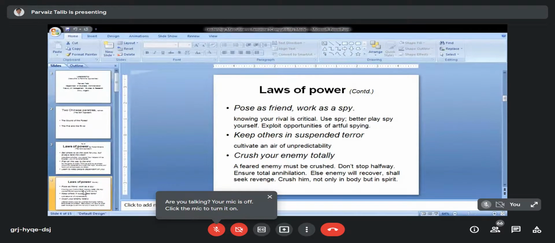And that information, who is against whom, who can be your friend, who is your foe, who is planning things deviously, all that you should have at your fingertips. So you should pose as a friend but work as a spy.